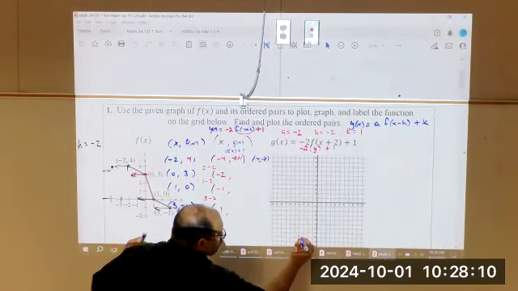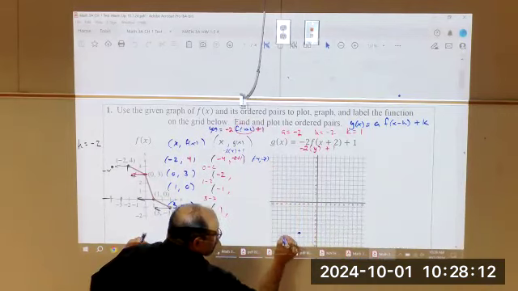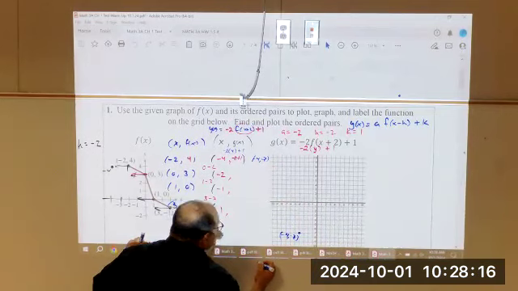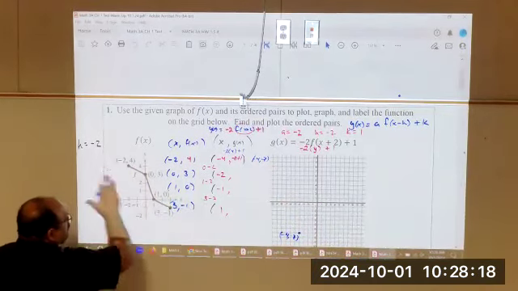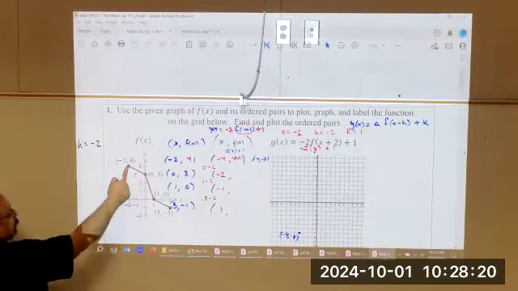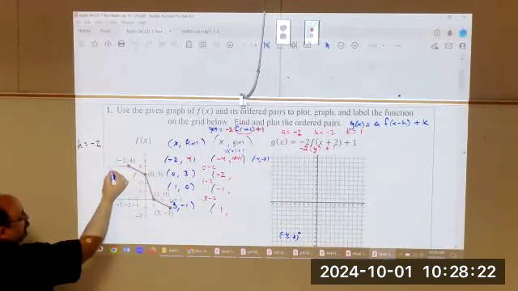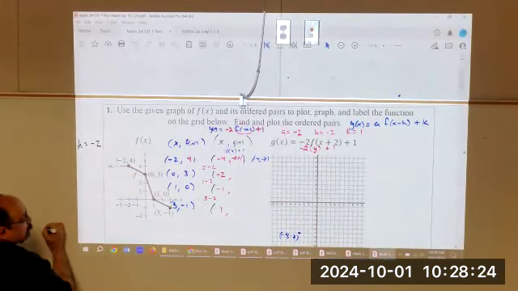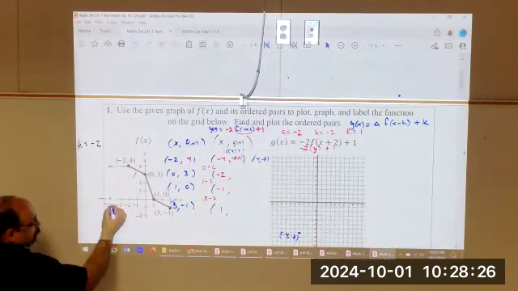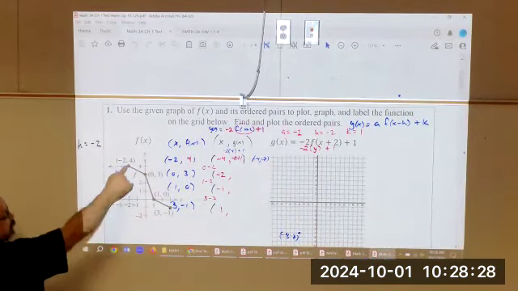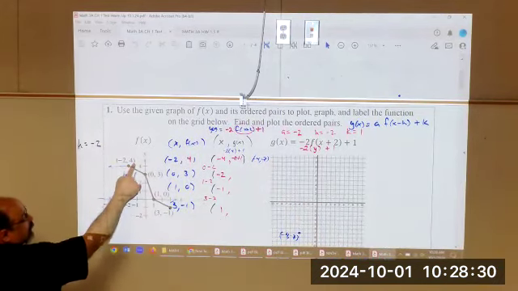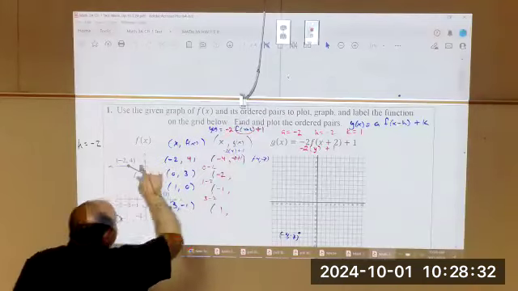Negative 4, down 7. This point right here is going to shift 2 to the left, so it's at negative 4. Then this y coordinate is going to get multiplied by negative 2.